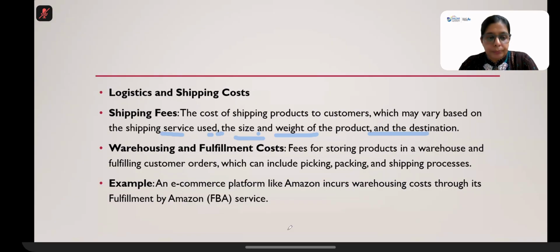Okay, so an e-commerce platform like Amazon incurs warehousing costs through its FBA service. We have discussed this concept earlier also. If you are a seller on Amazon and you have availed FBA service, FBA is fulfillment by Amazon. Okay, so Amazon charges you FBA charges. So what is FBA?